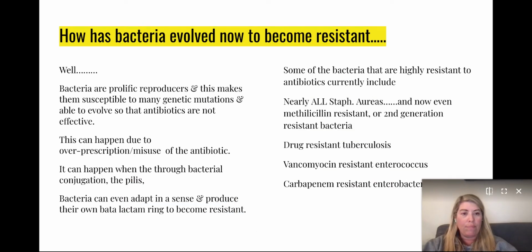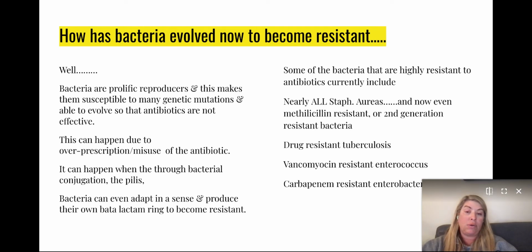So how have bacteria evolved now to become resistant? Well, bacteria are prolific reproducers, so they're highly susceptible to genetic mutation. They can just mutate, and the antibiotics quite simply won't be effective. It can also be due to overprescription or misuse of the antibiotic.